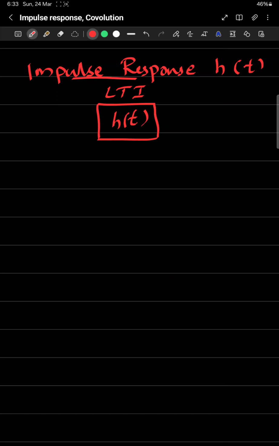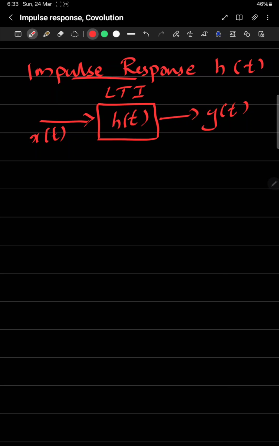So it's always a constant, the behavior is not varying. Whenever you give x of t as input, you will get y of t as output. This is independent of time. For any time when you give x of t, you will get y of t. So for such LTI systems, you can define a system identity called impulse response, denoted by h of t in the continuous domain.